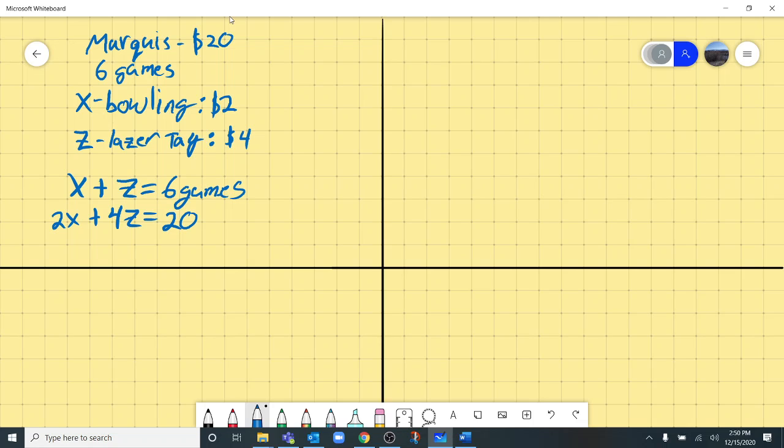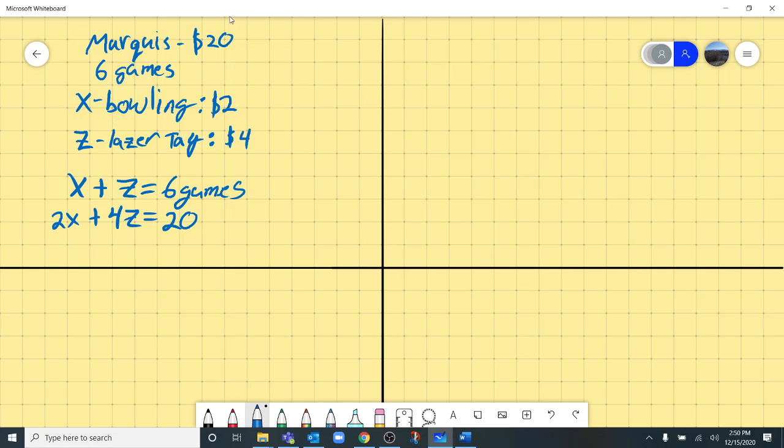Okay, so we can use these 2 equations. We just need to graph them. Again, we need to have them in y-intercept form. In this case, because we used z, we're going to have them in z-intercept form. Let's label our axes.